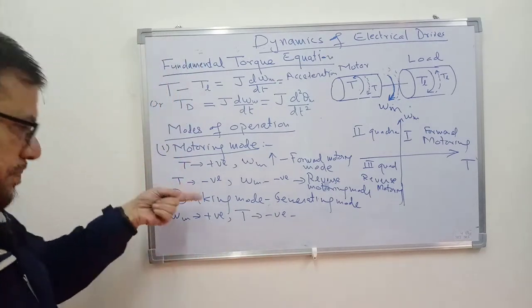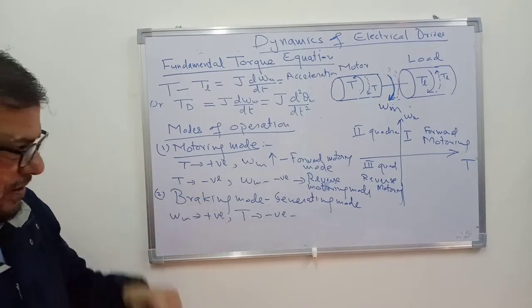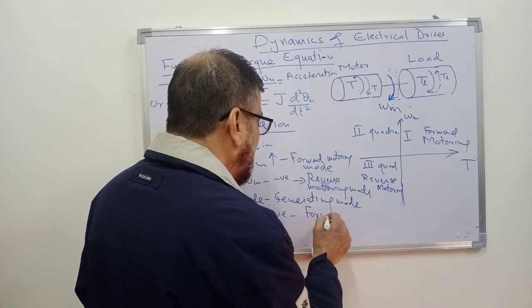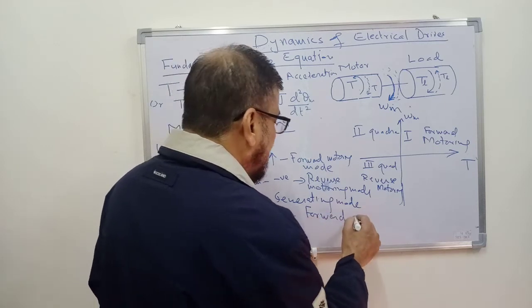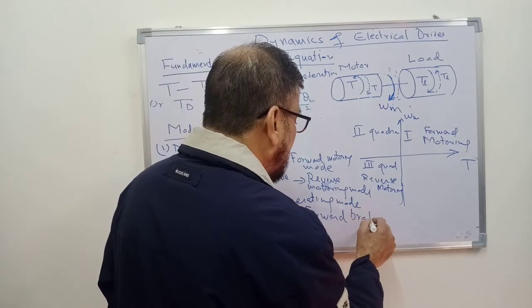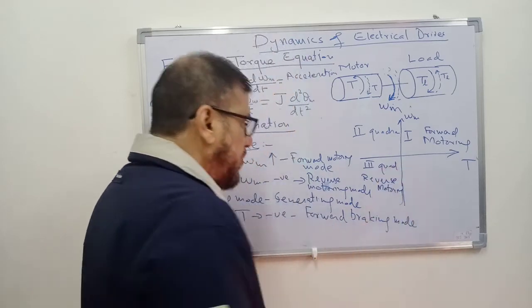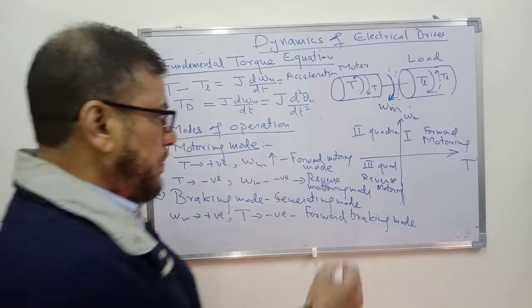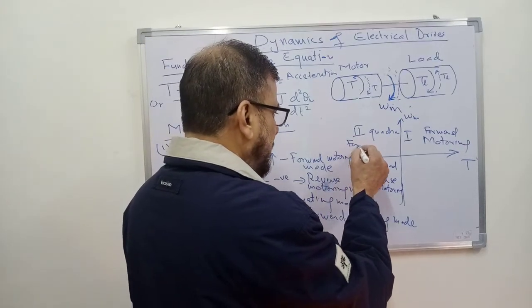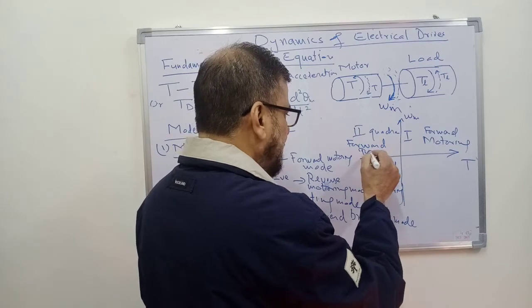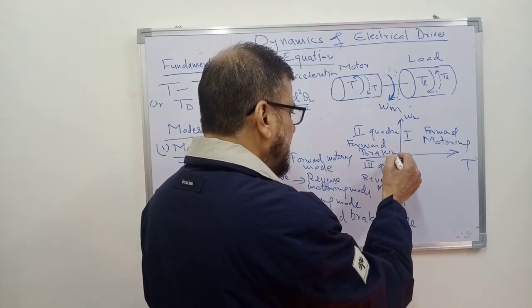And because speed is positive, speed is forward direction, we may call this as forward braking mode. Or you may call it as a second quadrant operation. So this is your forward braking or forward generating mode.